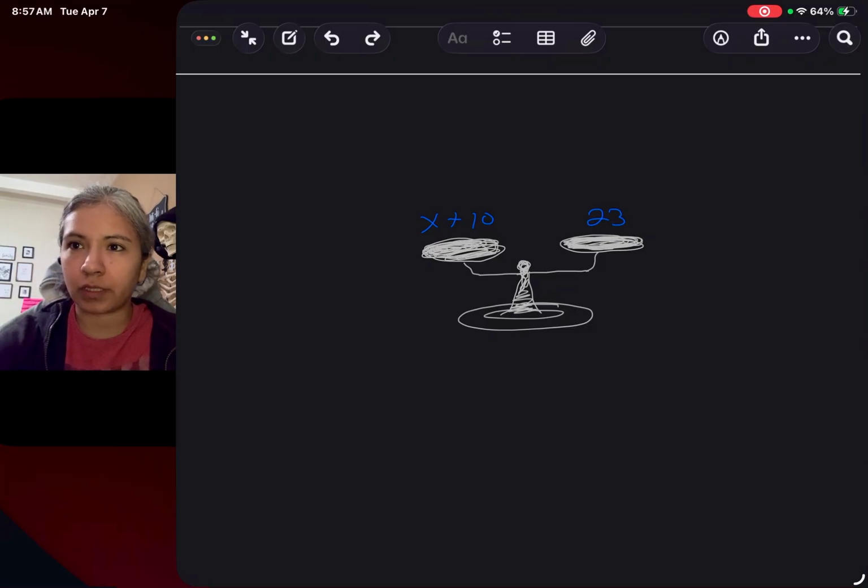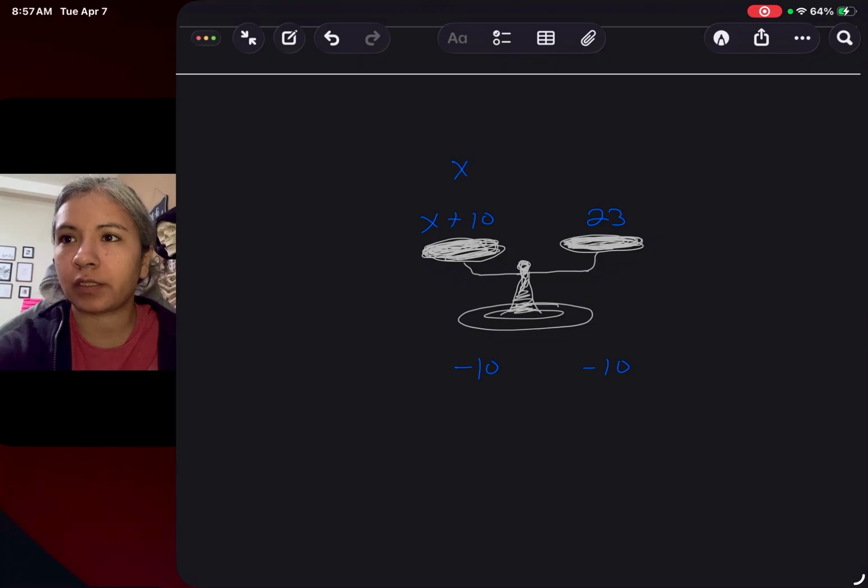And to get this x by itself, what we can do is subtract 10 from this side and this side. So then our equation just becomes x equals 13.